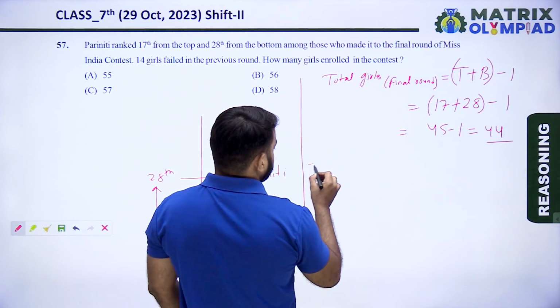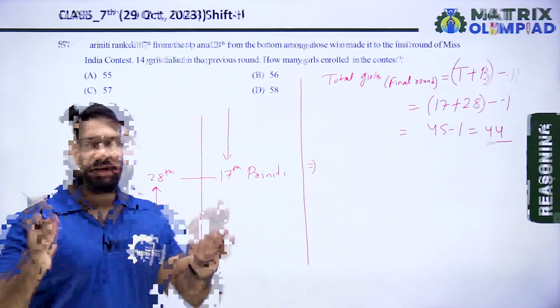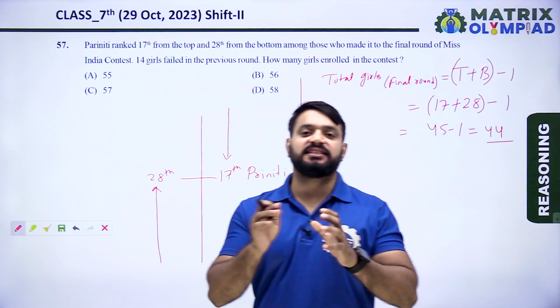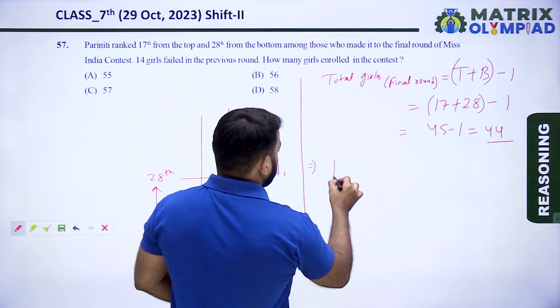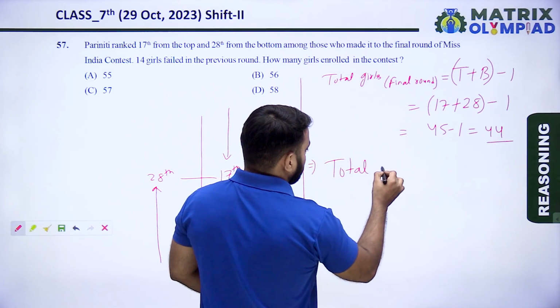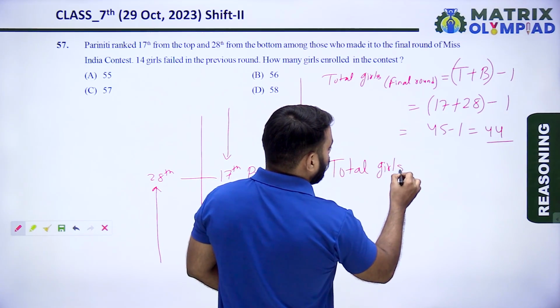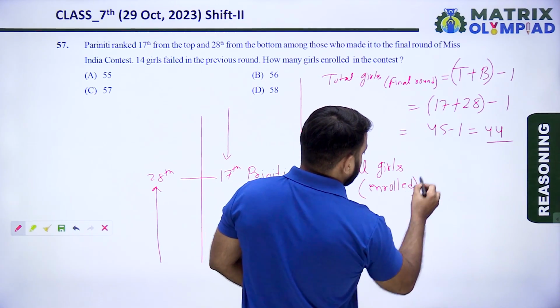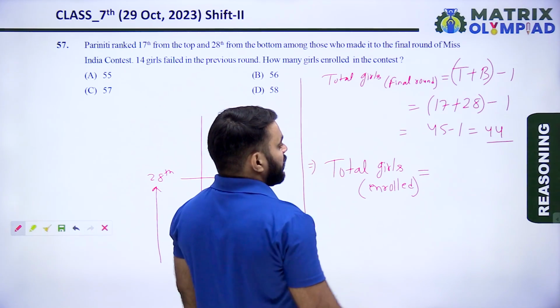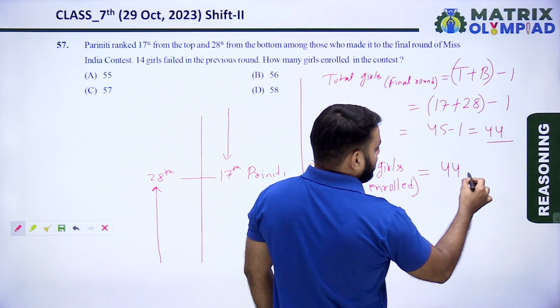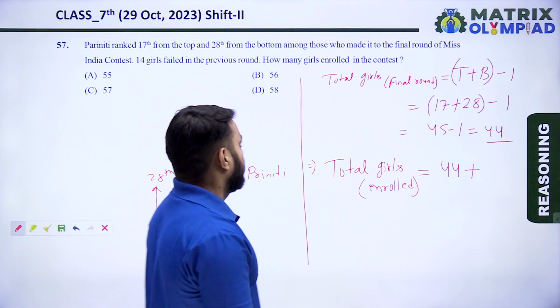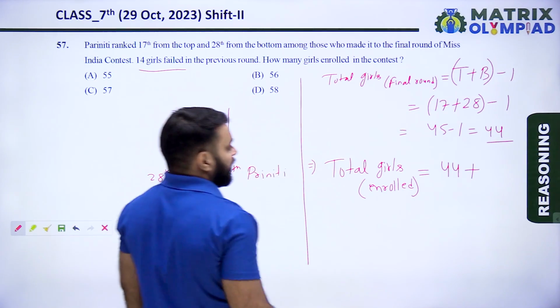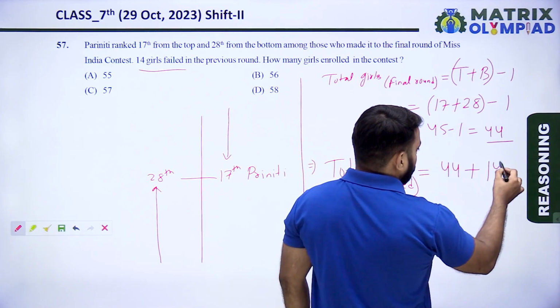Now find the total girls who enrolled in this contest. So 44 girls in the final round plus 14 girls in the previous round.